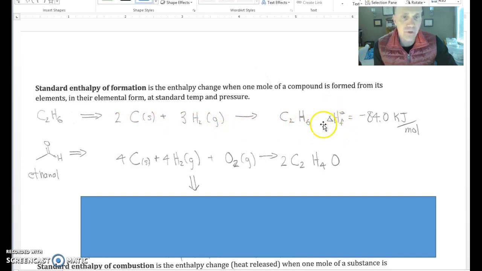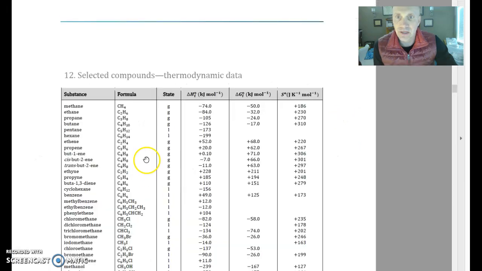All right. And the way that you represent that is with this delta HF with this little superscript right here, and that's the superscript that means at standard conditions, which means the 298 Kelvin and the 100 kilopascals. So FYI, there's a lot of these bits of data that are in your data booklet.